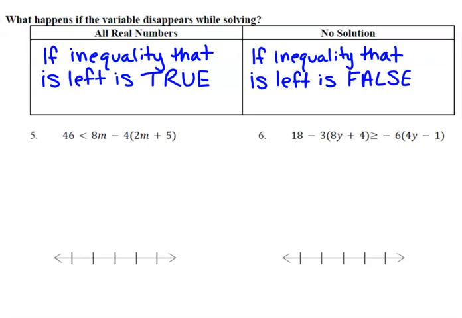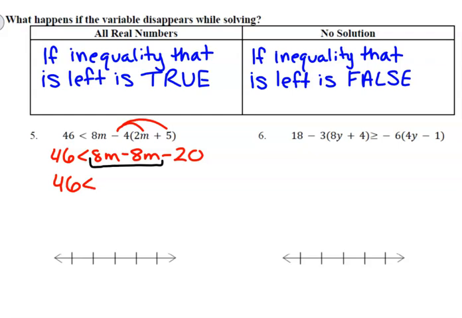So if I use my solving steps on number 5, I see parentheses, so let's distribute. The 46 less than 8m stays. I am distributing a negative 4, so negative 8m, right, because negative 4 times 2. Negative 4 times 5 is negative 20. And so now notice that I have these like terms that I can combine.